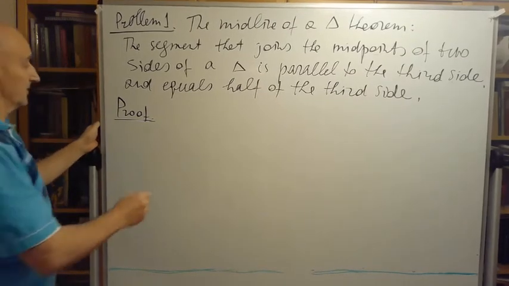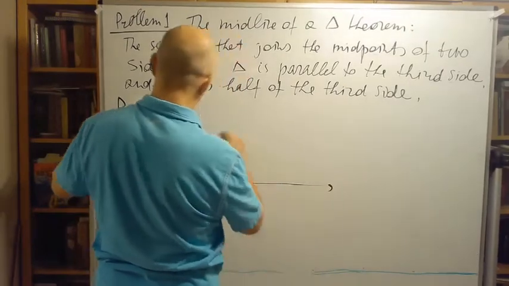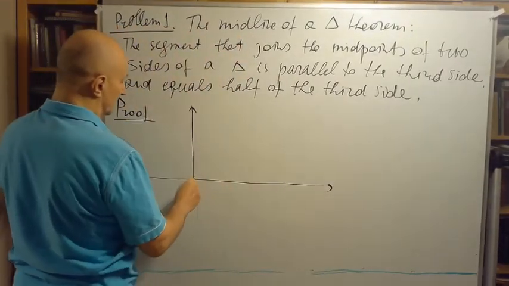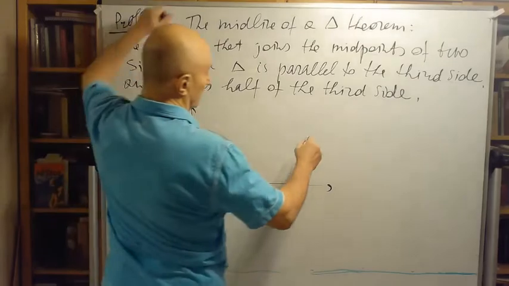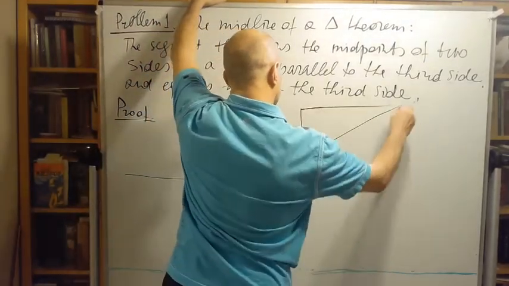So we have some triangle in the complex plane, and I don't know what the triangle is. Maybe, okay, something like this.